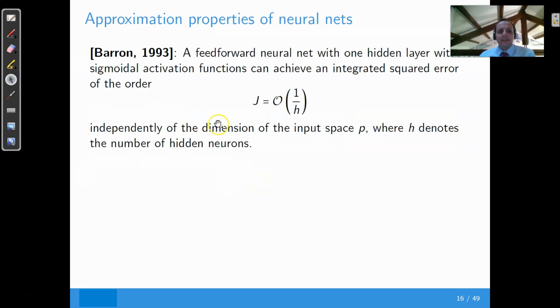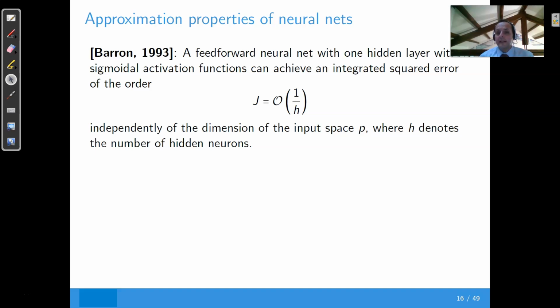We have another important result, even more recent, given by Barron. A feedforward neural network with one hidden layer and sigmoidal activation function can achieve an integrated squared error. So it gives the order of the error, which depends on the number of hidden neurons.